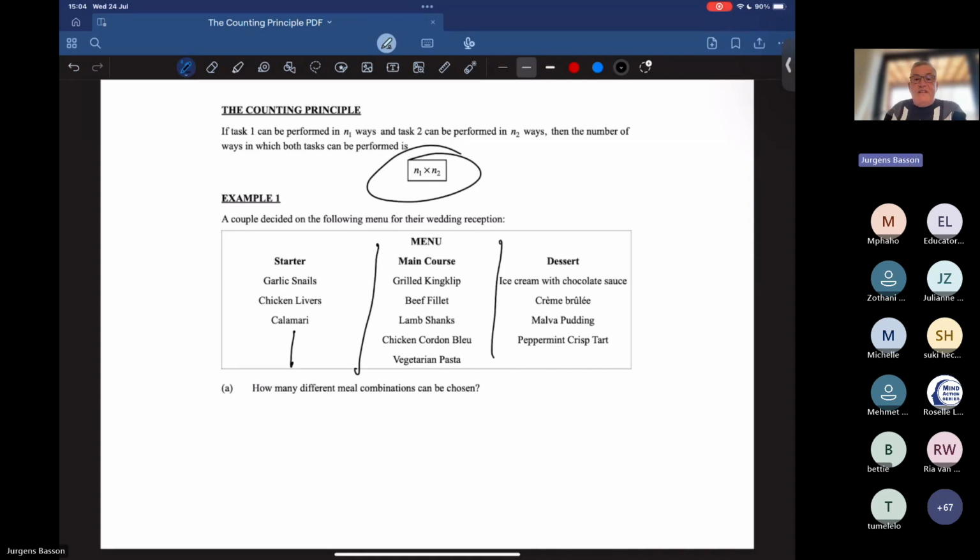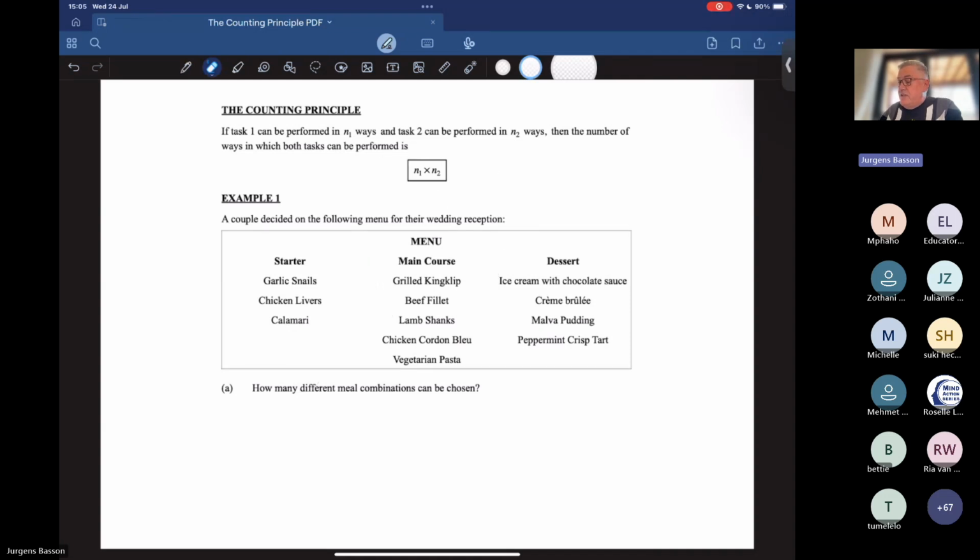You can only select one of each. Now, the question is, how many different meal combinations are there? So what we need to do first is ask ourselves, how many tasks do we have? And you can see it's quite clear we've got 3 tasks. We need to select the starter, we need to select a main course, we need to select the dessert.